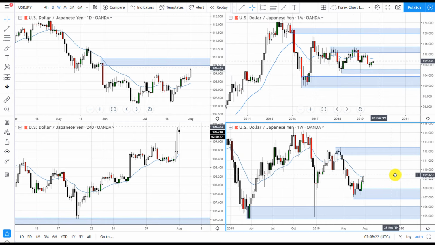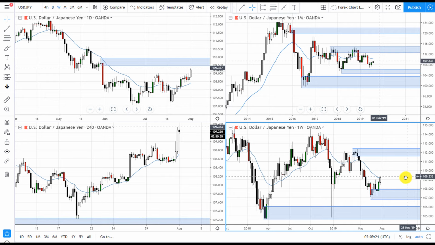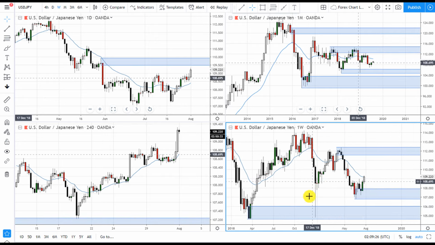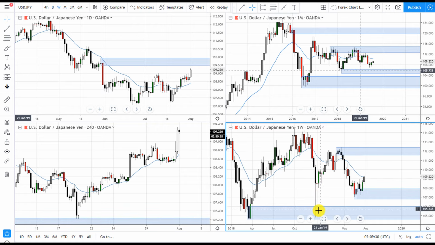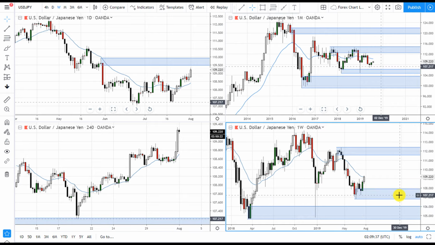Let's take a look at the weekly. The weekly, we have a demand zone down here. Price did this huge bullish pin bar, and so this level was responsible for pushing that price back up.